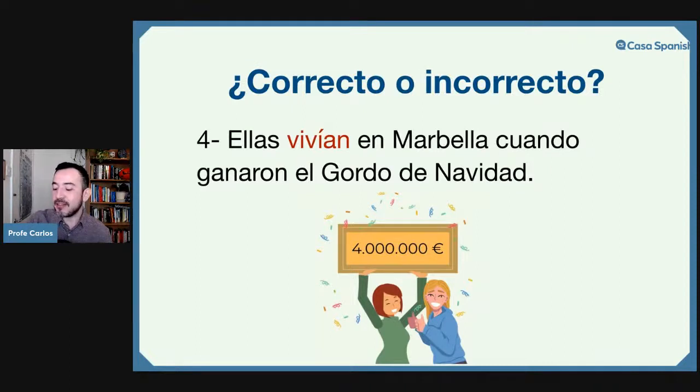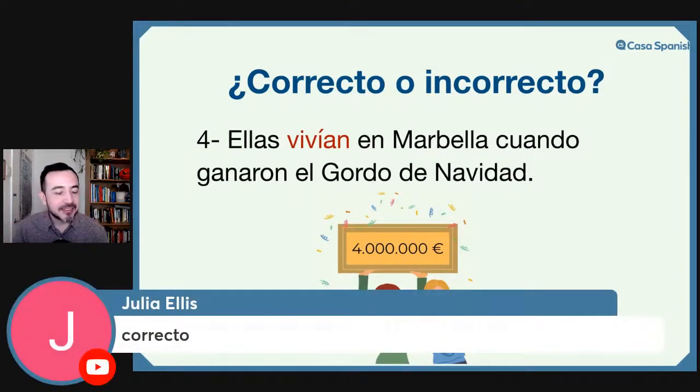El Gordo de Navidad, remember, is that yearly lottery for Christmas that could be up to, in this case, 4 million euros. 4 millones de euros. That's really a lot. ¿Qué tenemos? What do we have? Do you guys think is correcto or incorrecto?